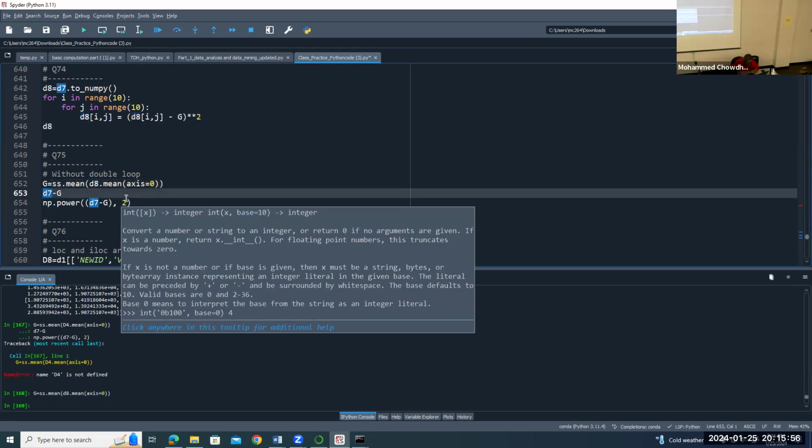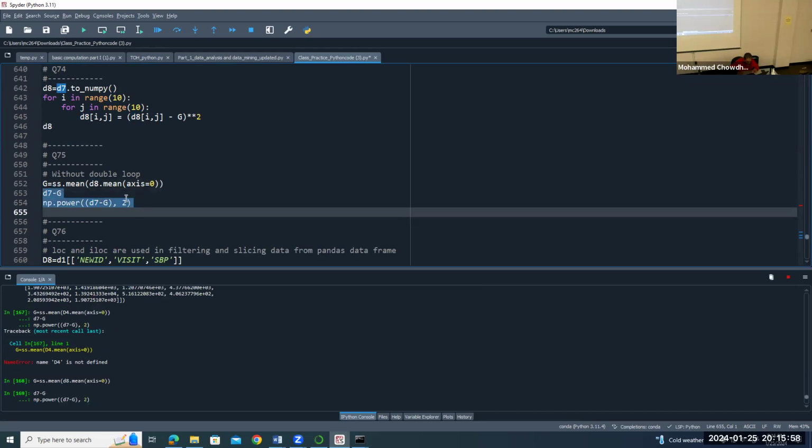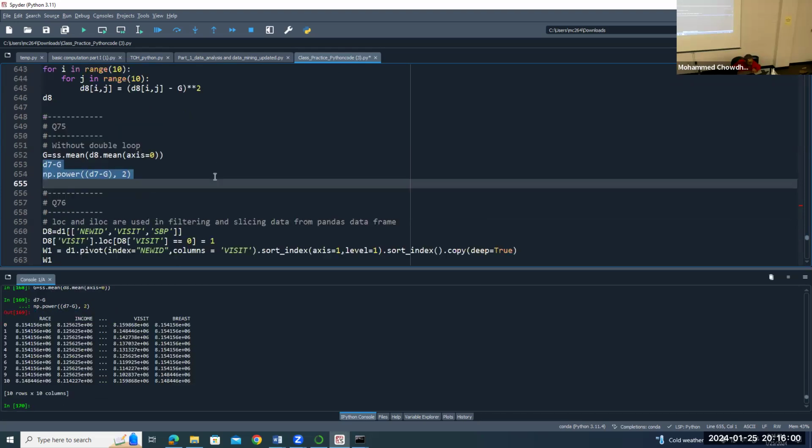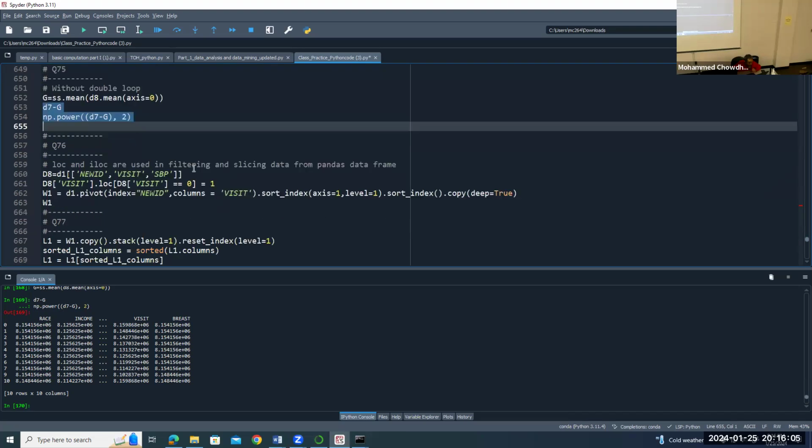Yeah, now it will work. Yeah, here you go. So when I put here capital D4, it was not appropriately defined. Okay. So I'm very close. Let me explain one thing.